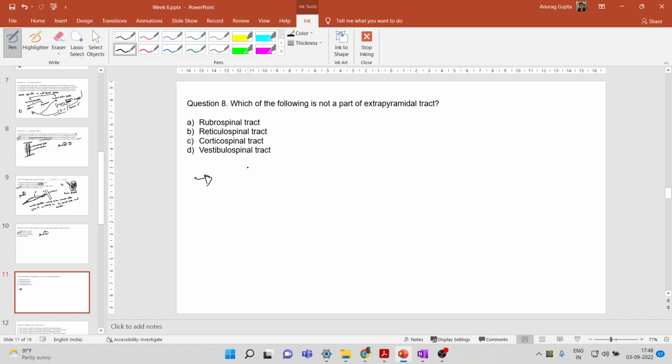We can divide these nerves into various tracts. There are two types: the descending tracts, and the other one is ascending.